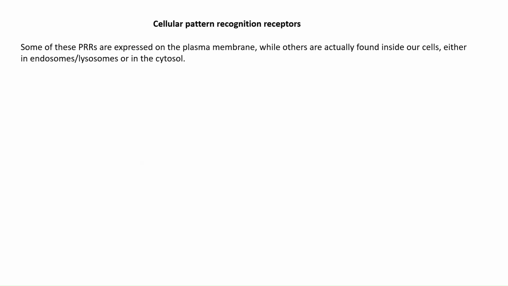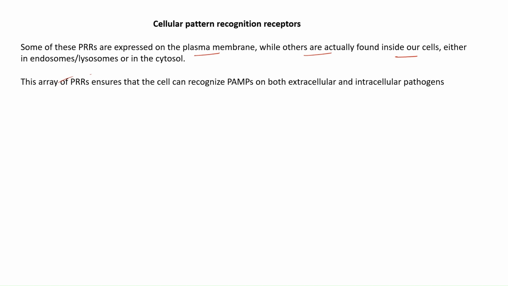Now these PRRs are expressed on the plasma membrane, while there are also PRRs that are found inside our cells, that is in endosomes or lysosomes. Now this array of PRR ensures that the cell can recognize PAMPs on both extracellular and intracellular pathogens. Right? So they are very capable of differentiating the self cells from the pathogens, whether the pathogens are extracellular or intracellular in nature.